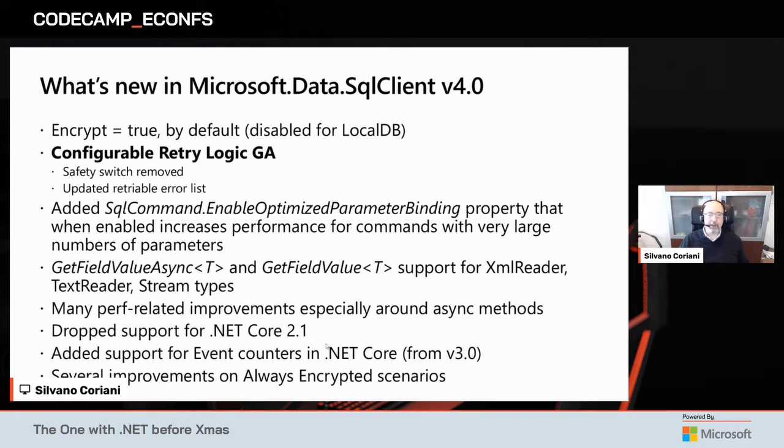There are also some deprecations here. For example, we dropped the support for .NET Core 2.1 because it's now out of support, at the end of life in terms of version. And there are also several improvements around Always Encrypted scenarios.